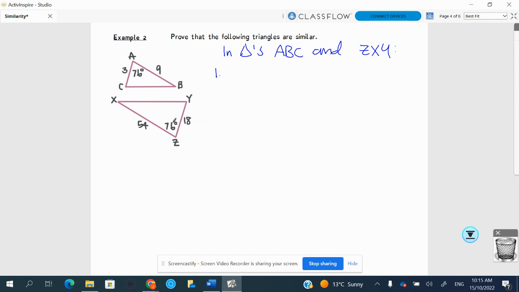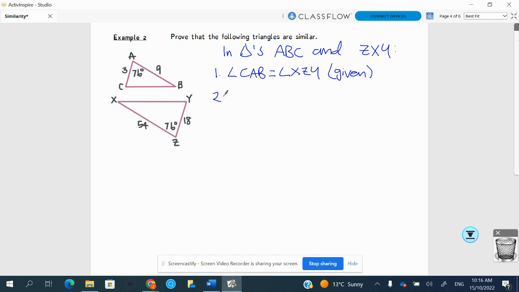So first of all, I can see very obviously that we've got two equal angles. So angle CAB is equal to angle XZY, and our reason for that is given to us.